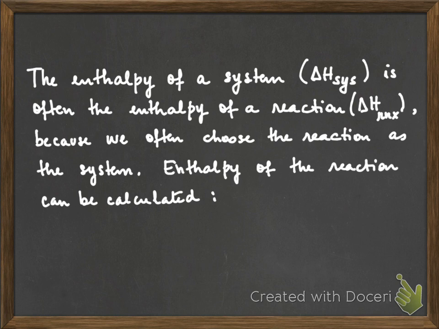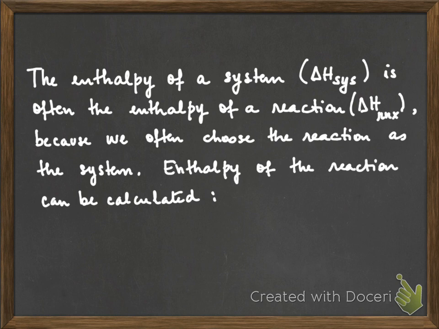We now have a good idea of what enthalpy is. The enthalpy of a system, delta H of the system, is often the enthalpy of the reaction. So system and reaction are one and the same because we choose the reaction as the system.